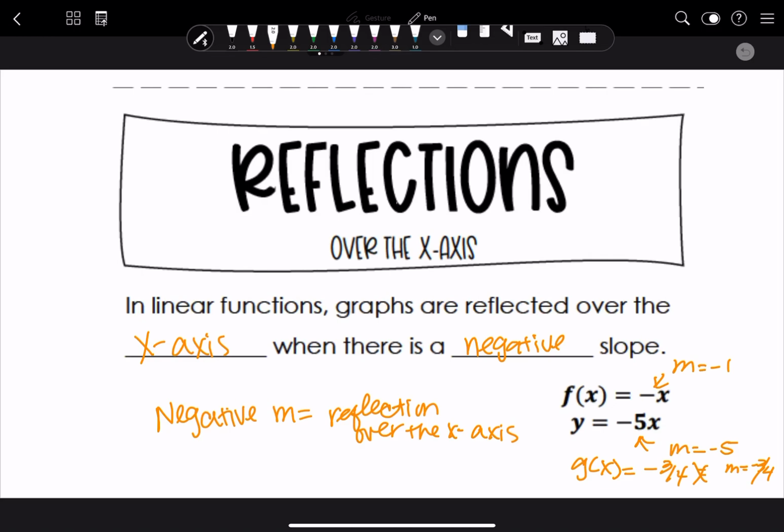So on the front of your flap, I want you to write negative slope. If you want, you could also write negative m, but please do not write negative m like that. You're going to think it's just some type of dash when you're looking back over this later.